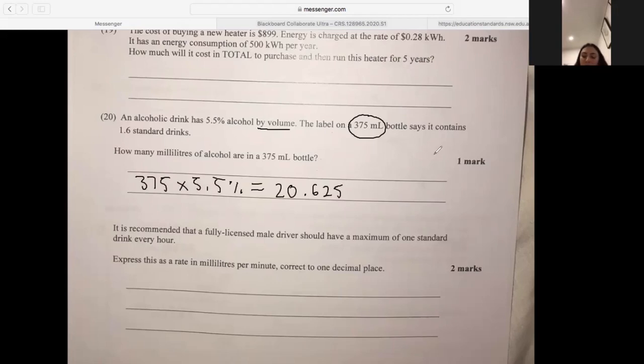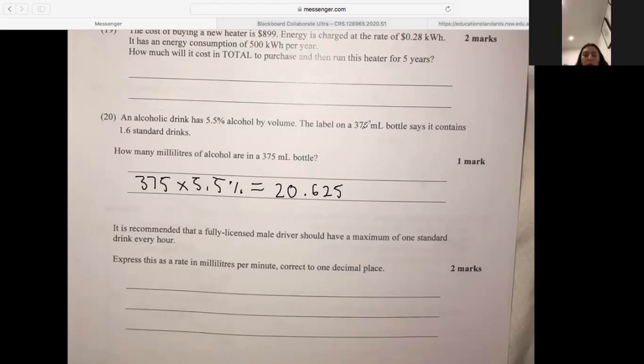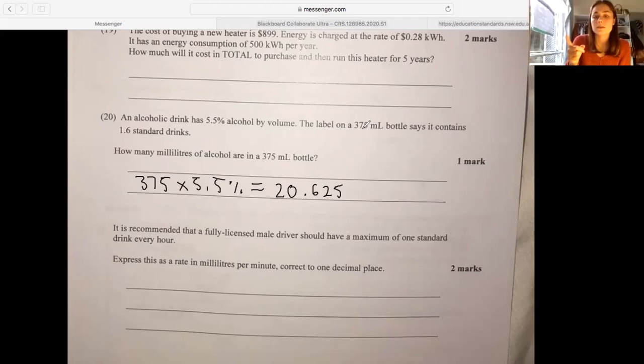When it says it contains 1.6 standard drinks, what does it mean? I don't actually know how much one standard drink is, but there's a certain amount of alcohol that will be one drink, and some drinks have more than that amount. This almost has 2 standard drinks in it, and you're only supposed to have 1 standard drink an hour.